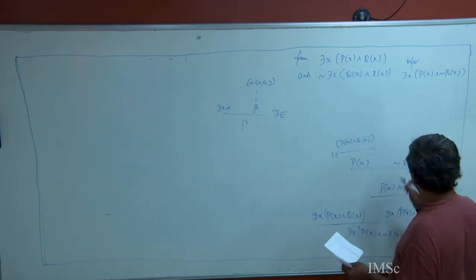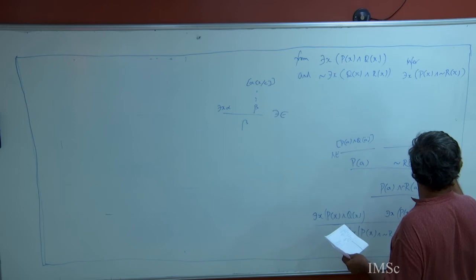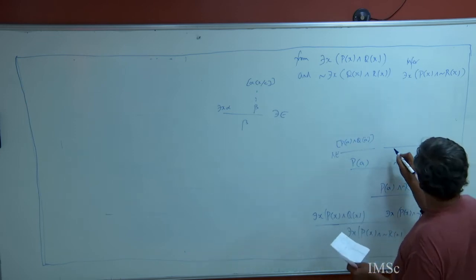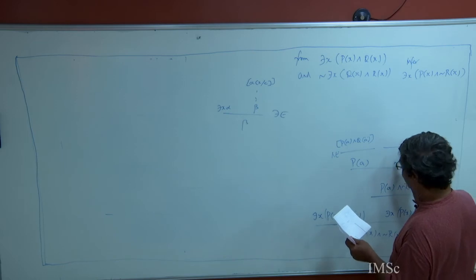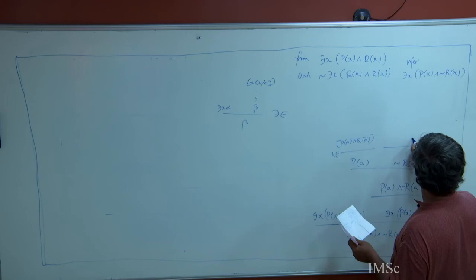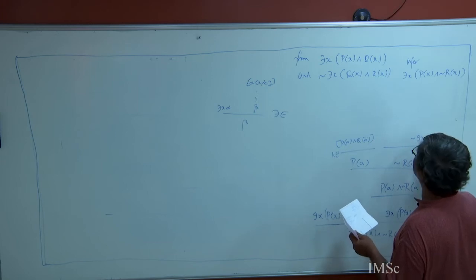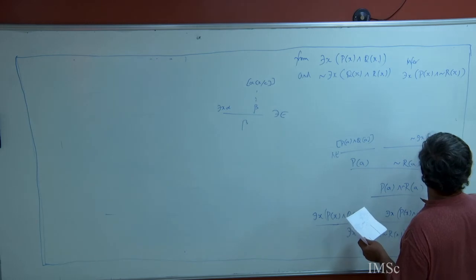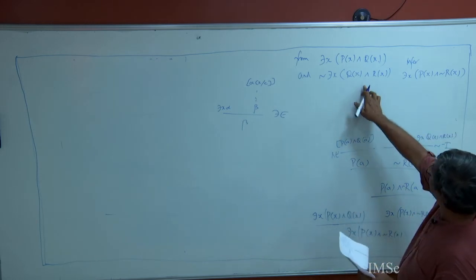And here I want negation introduction for not RA. So I need to get some contradiction. The contradiction that I use is not there exists X, Qx and Rx. This is an assumption that is given.